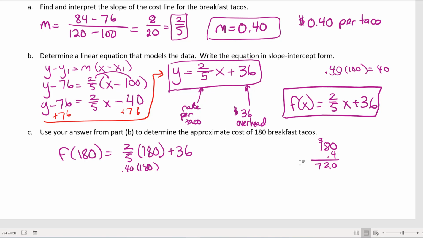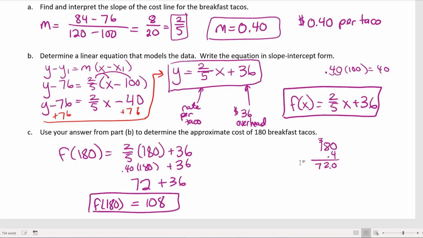So that's 72 plus 36, which gets me 108. So that means it's going to cost $108 if I'm trying to make 180 breakfast tacos that day.